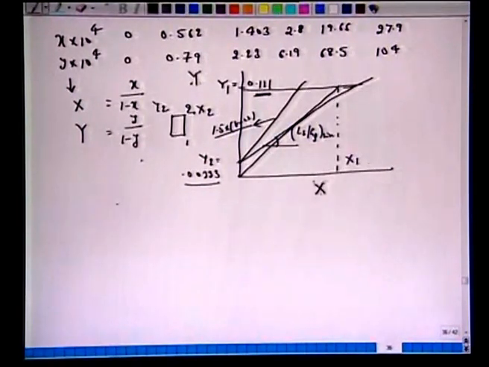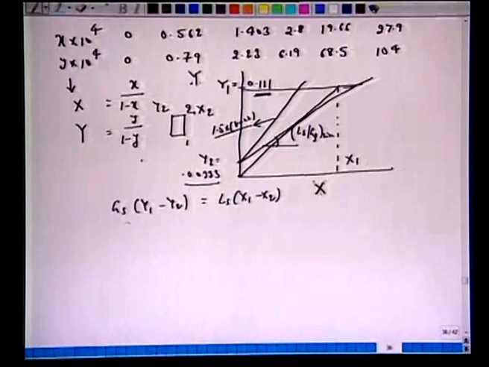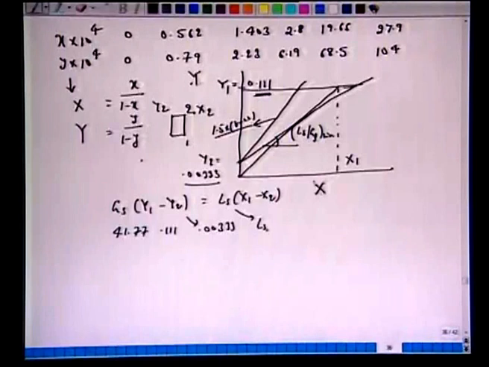So, if you write down the equations for operating curves, we have Gs times y1 minus y2 equals Ls times x1 minus x2. So, we know these quantities, 41.77, y1 we know 0.11, y2 we know 0.00333, Ls min we have to determine based on x1.